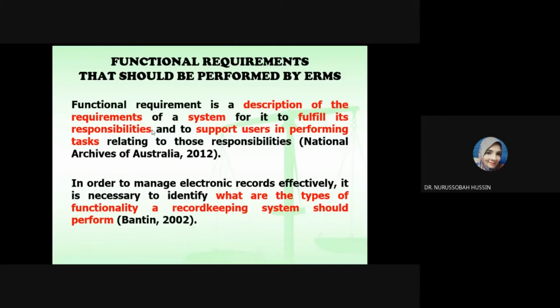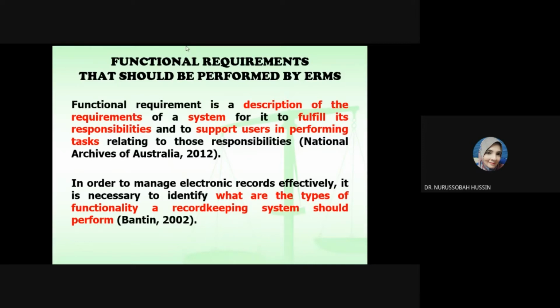When we talk about an electronic records management system, it is necessary to identify what types of functionality a record keeping system should perform, because ERMS and other information application systems are different. In ERMS, we capture the evidence. So what are the requirements to ensure that the records can be used as evidence?